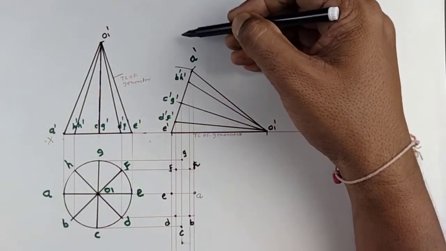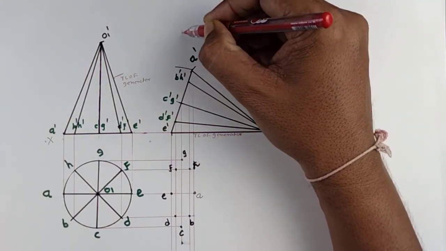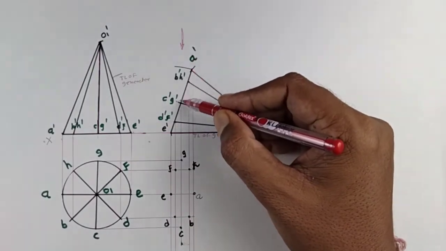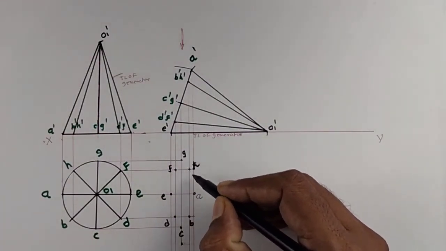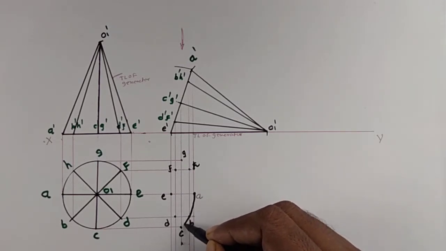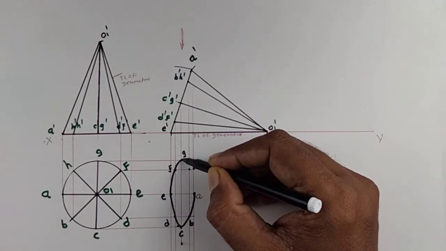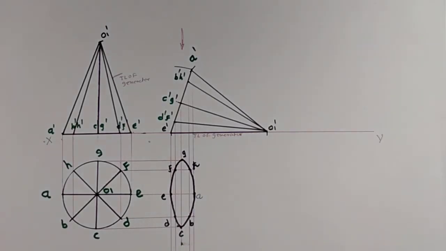Now from the top view, the observer sees the base fully visible, so we can join all the points with smooth curves: A, B, C, D, E, F, G, H and A. The circumference of the cone is fully visible from the top view.